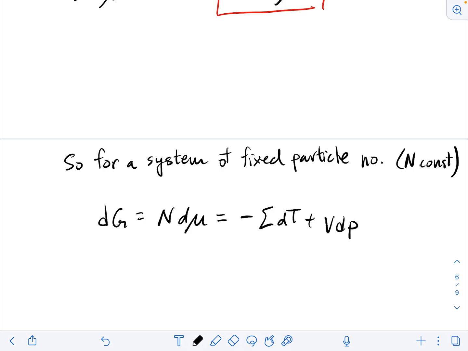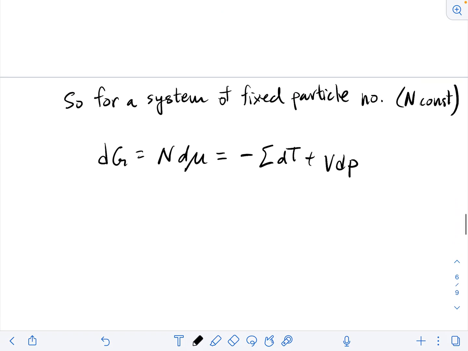Okay, so what we really want to get at is a gradient of the chemical potential, because that's in our equation of motion for the superfluid. A gradient is a position derivative, so let's think about d mu dx. If we divide by dx, let's also divide by N at the same time. That's going to be equal to minus sigma divided by N, and then dT we have to divide by dx.